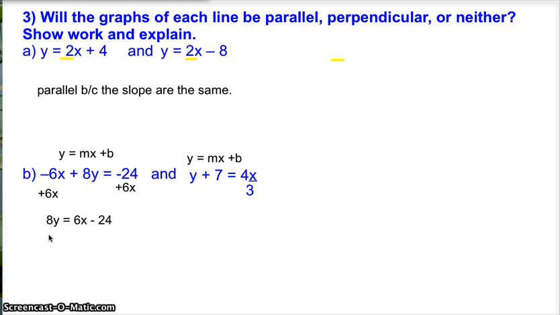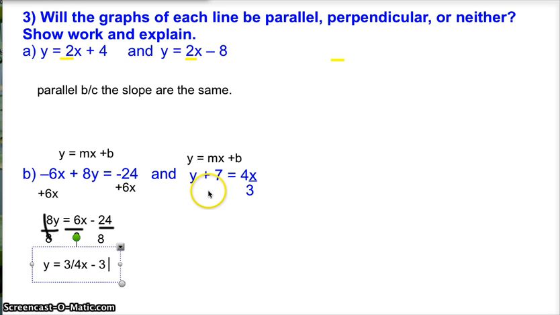Next thing I'm going to do is divide everything by 8. If I divide everything by 8, I am left with y equals 6 over 8 reduces to 3/4, x minus 3.